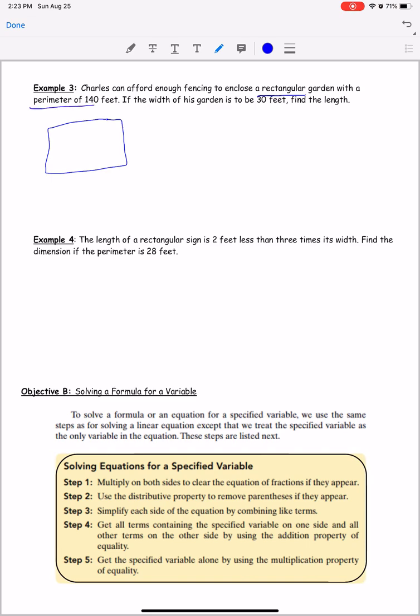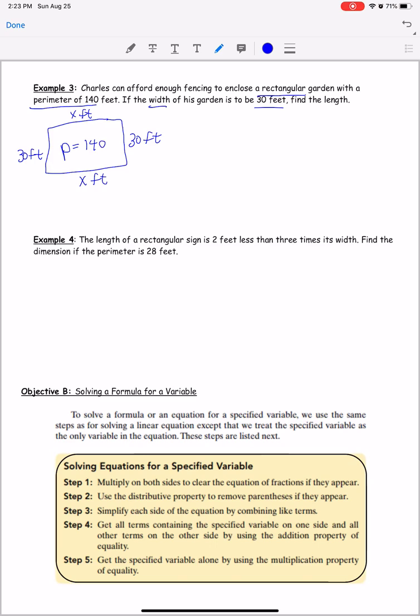I know my perimeter is 140, so P equals 140. It says the width of his garden is 30 feet. So I've got 30 feet here and 30 feet here. And so what I don't know is how many feet is this length.